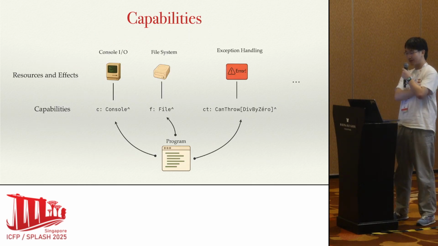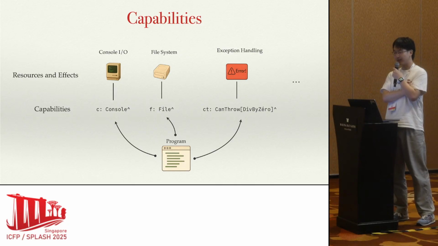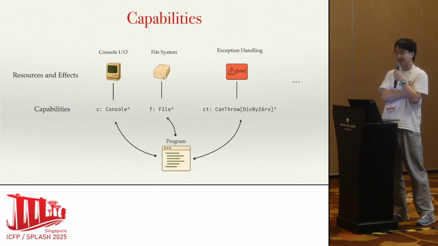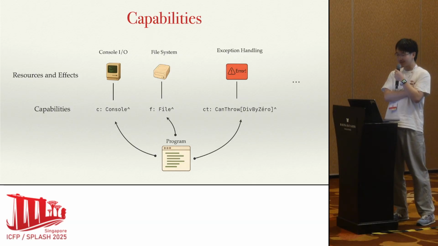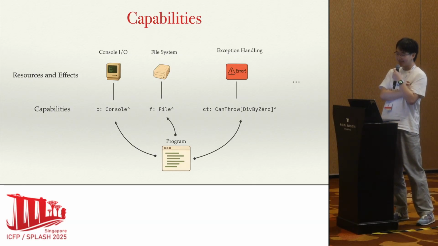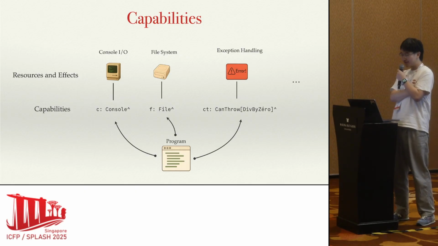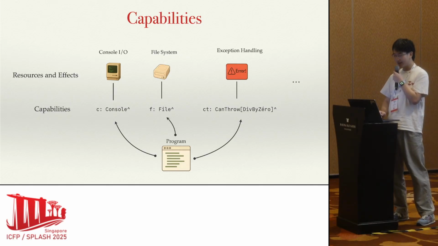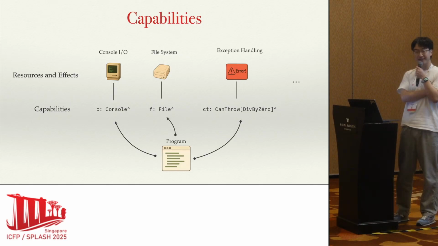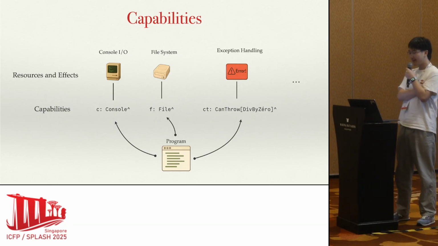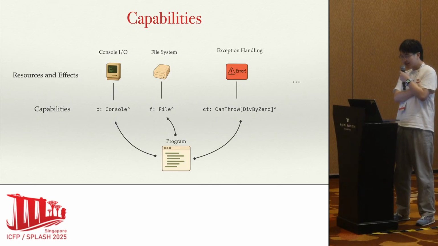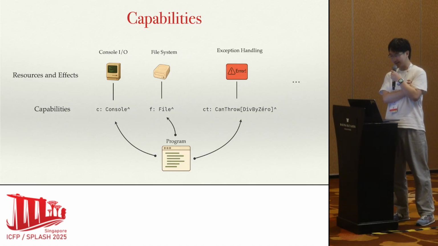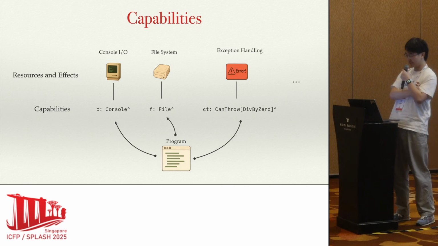So first, let's talk about capabilities, which is quite an established idea. Programs use capabilities to perform effects and access resources. For instance, here we have a console capability for accessing console I/O, a file capability that provides access to a file in the file system, and a can-throw divide-by-zero capability representing the permission to throw an exception, which is a control effect.